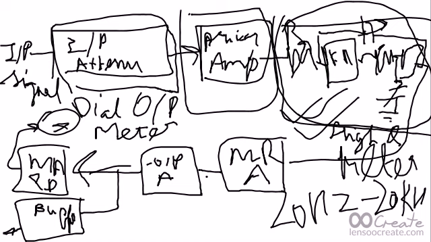Why do we use a high Q filter? Because the higher the Q, the more the selectivity of frequency, and the lesser the bandwidth. So the bandwidth is narrow and selectivity is greater. That's why we use high Q.